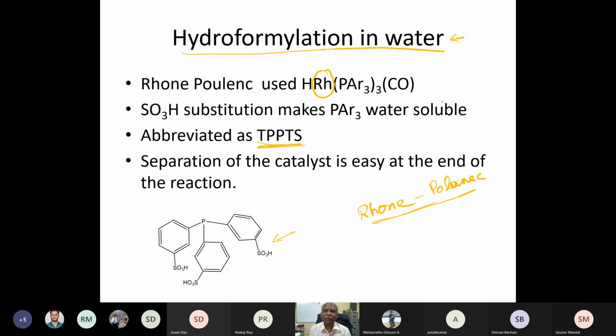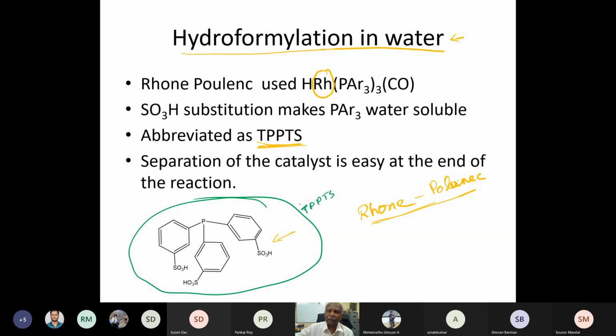So this TPPTS is triphenylphosphine trisulfonic acid, trisulfonate sodium. Okay, so it is actually more than TPPTS, but the abbreviation that is preferred and that is used is TPPTS. The structure of the molecule is written here. I have drawn it out for you here. This is TPPTS.